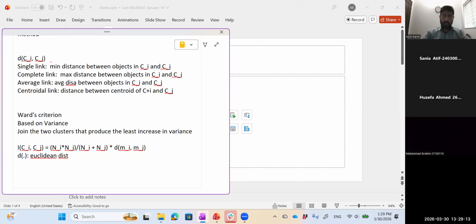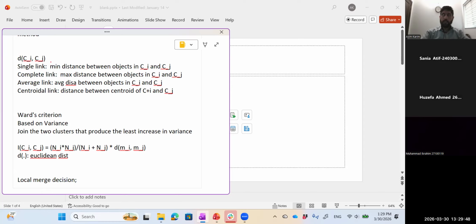Acha. Another aspect of hierarchical algorithms. So we have discussed the aspect of merging criterion. We have discussed 4-5 merging criterions. We also discussed the procedure. We start with all objects being their own clusters, and then you merge step by step. इसमें एक और important aspect है which distinguishes it from partitional algorithms: you have a local merge decision. ठीक है.